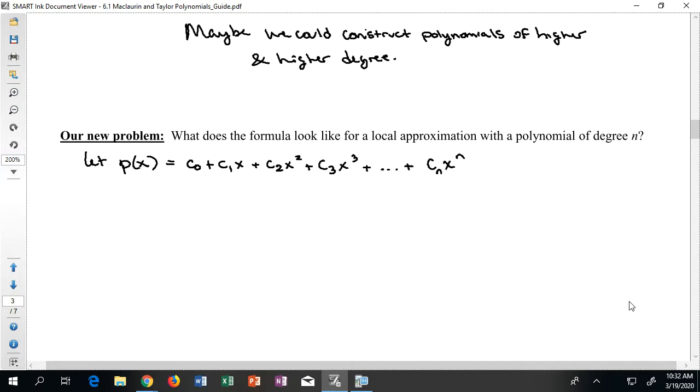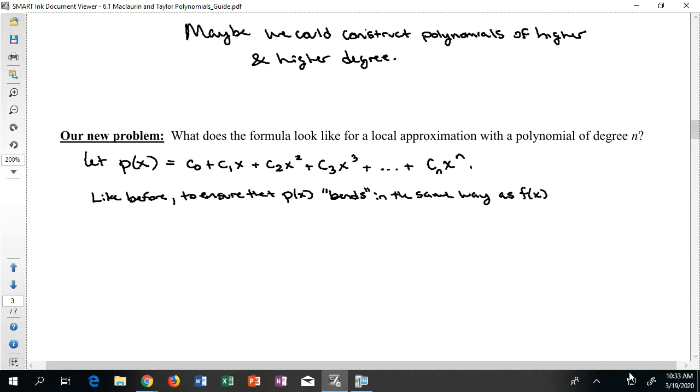Okay, so if this is the polynomial that I'm working with, I can try to go ahead and think about some new green properties, like we talked about a couple videos back, about what I would want to be true about this polynomial. So I'll say, like before, to ensure that p of x, quote, bends in the same way as f of x, we would need the following green facts.